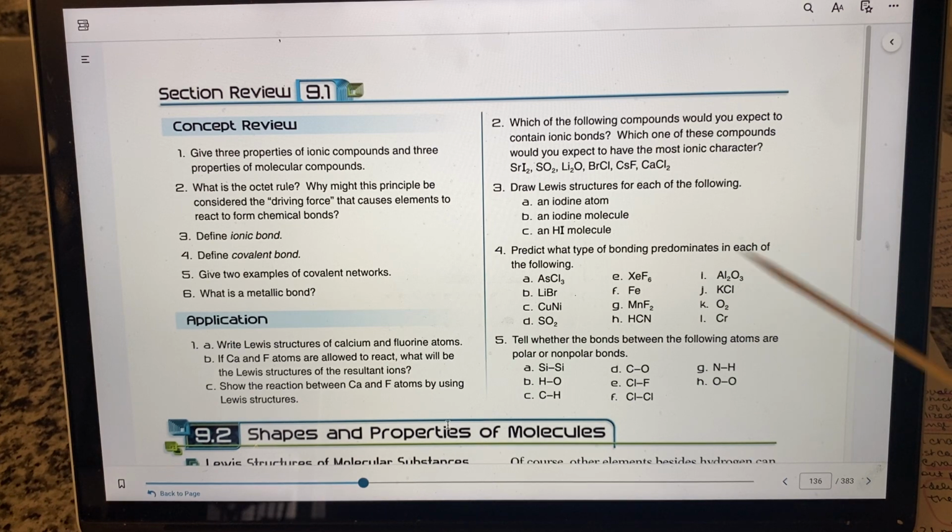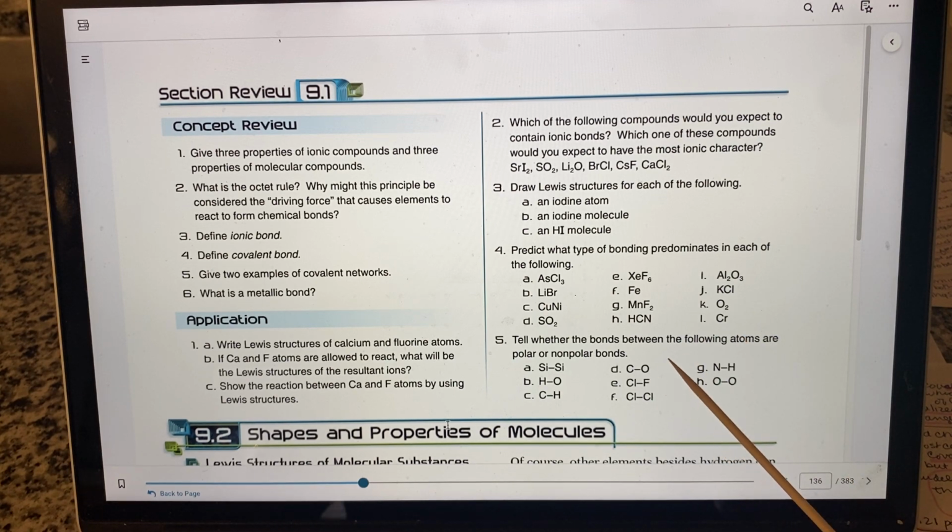This last bit here says, tell whether the bonds between the following atoms are polar or non-polar. So these are looking at these bonds. We're going to look and see if they're equal or non-equal. Remember, if they're not equal, they're not going to be non-polar.